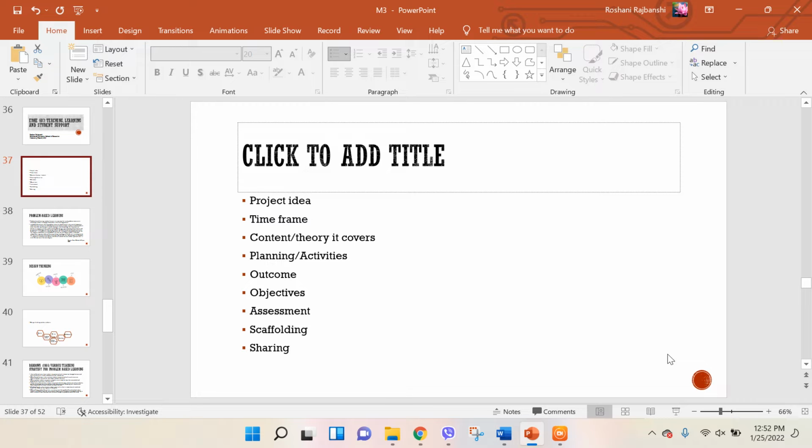You also mentioned how to assess the project, and there has to be scaffolding done by the teachers so that the students can meaningfully perform the project. And last but not least, there has to be a sharing of the project among the students so that the ideas can be shared. And thank you everyone for sharing your creative project.